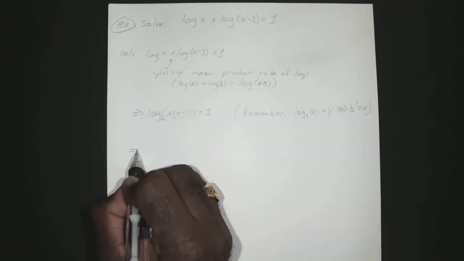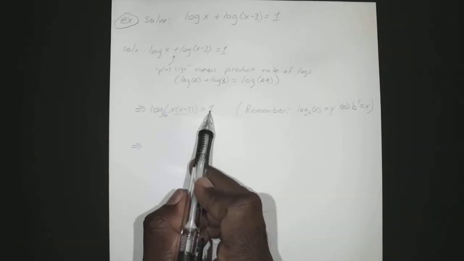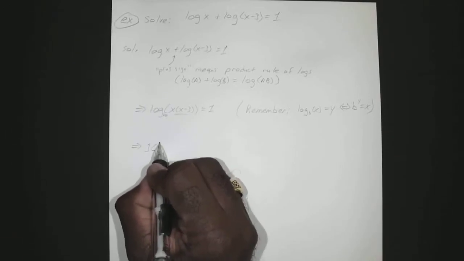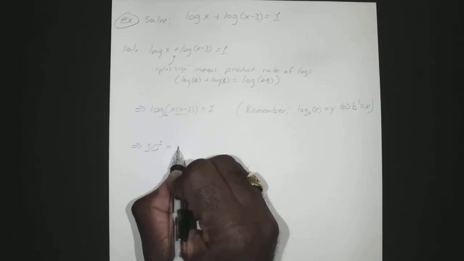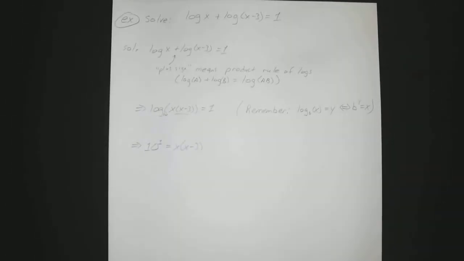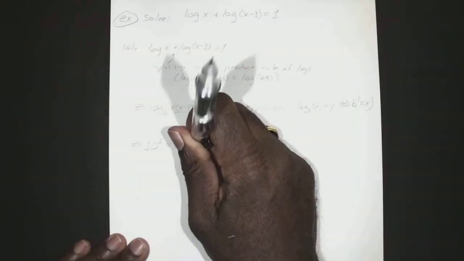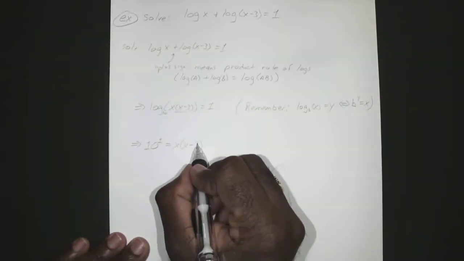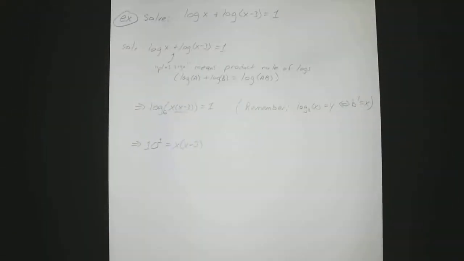So you can actually rewrite this as 10 to the power of 1 equals x times x minus 3. Okay, so does that make sense? All right.